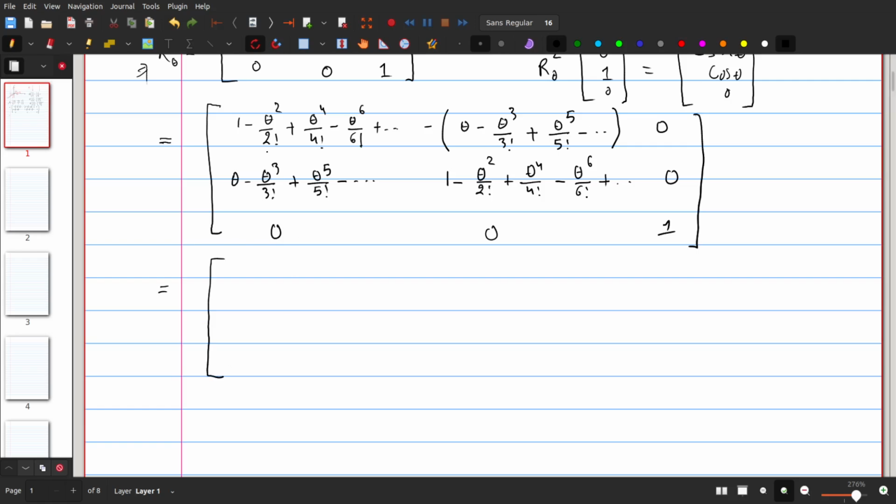In the 1 1 term, the coefficient of theta to the power 0 is 1. In the 1 2 term, it's 0. In 1 3 term, coefficient of theta 0 is 0. In 2 1 term, it's again 0. In 2 2 term, the constant term is 1. In 2 3 term, it's 0. Then we have 0 0. And in 3 3 term, the constant term is 1. So we get the identity matrix.